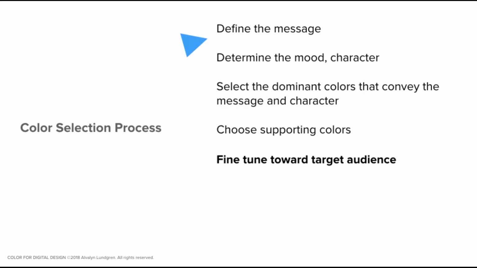Then you want to make sure that you are reaching the audience. You cannot design for everybody. Businesses and organizations will be targeting specific audiences both demographically and psychographically. So color schemes need to reach not just the demographic but the psychographic. The demographic is more about age and income level and general interests.